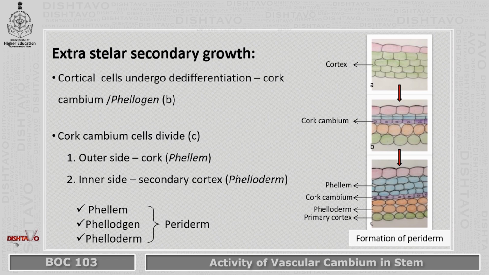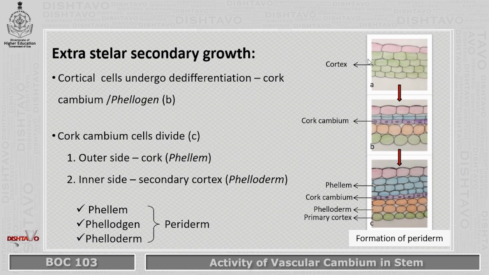As a result, new cells are formed because the epidermal layer which was existing in the primary stem gets replaced by a new protective covering called periderm. So, the growth in this region which occurs outside the stele is called extrastellar secondary growth.